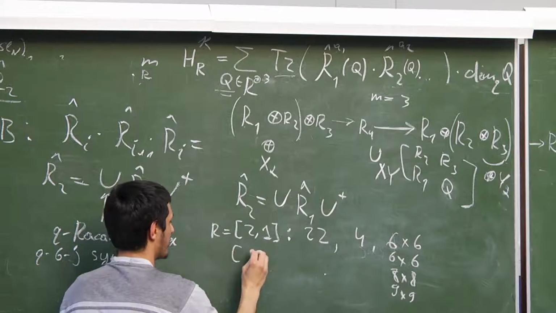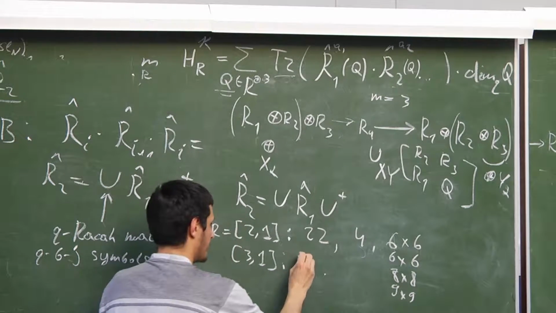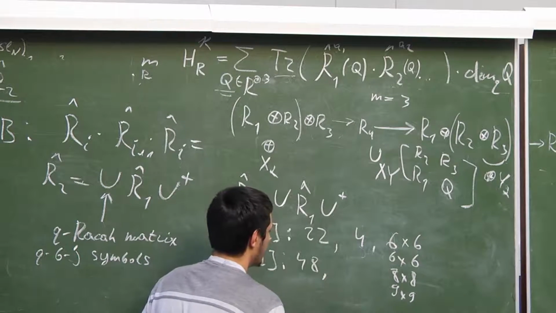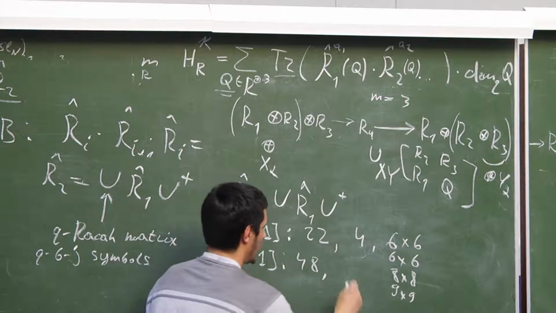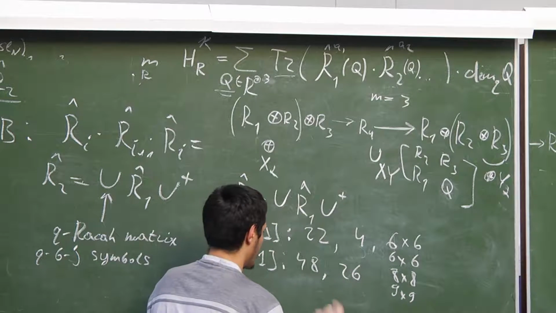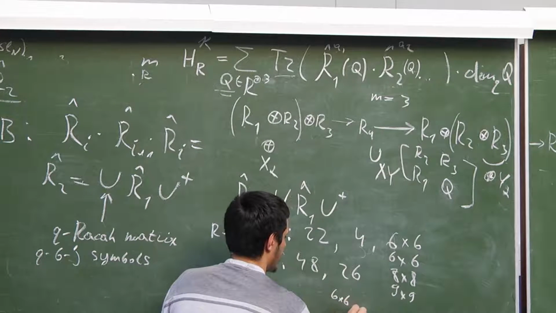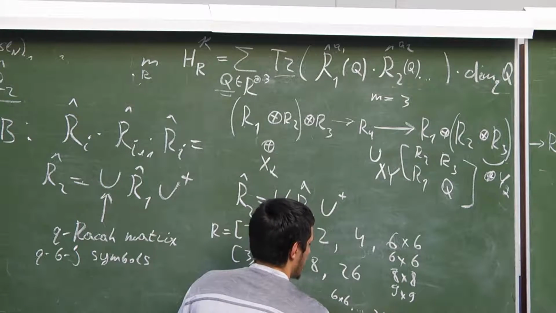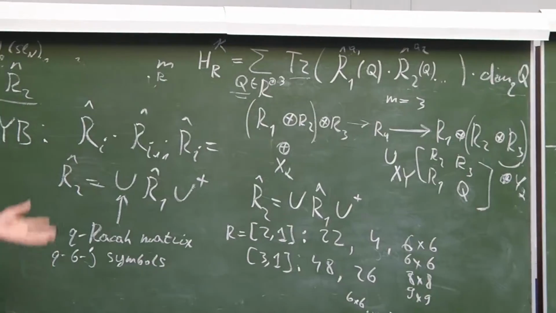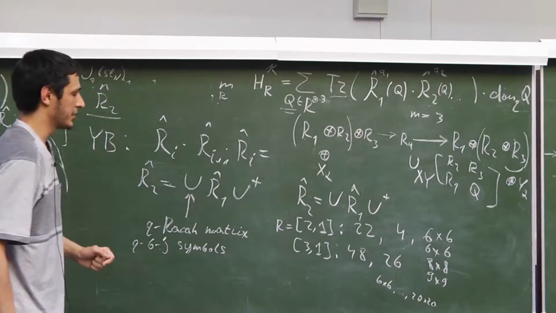For representation [3,1], we will have already 48 terms, and non-trivial will be 26. The rank of these matrices will be in a range from 6 by 6 to 20 by 20. So it is a big disadvantage of this method.